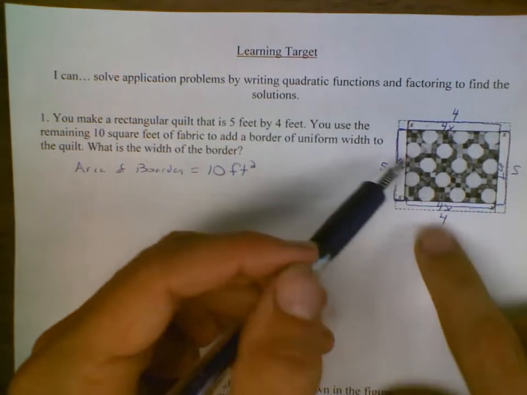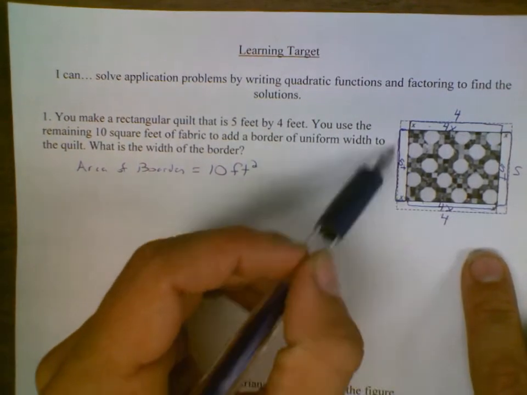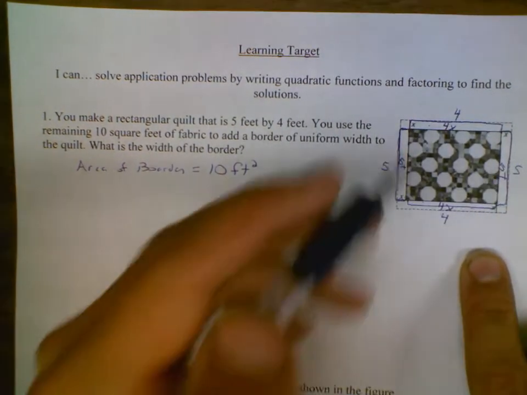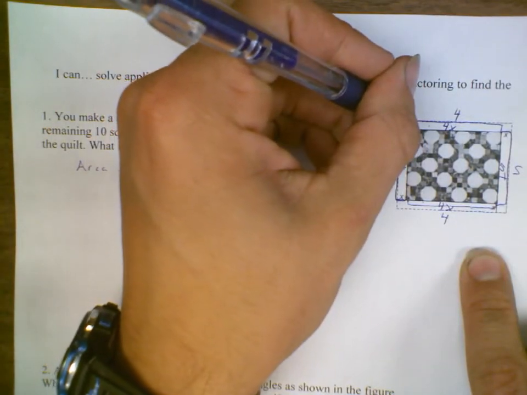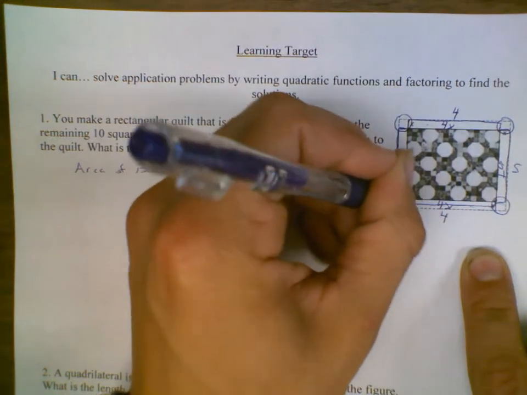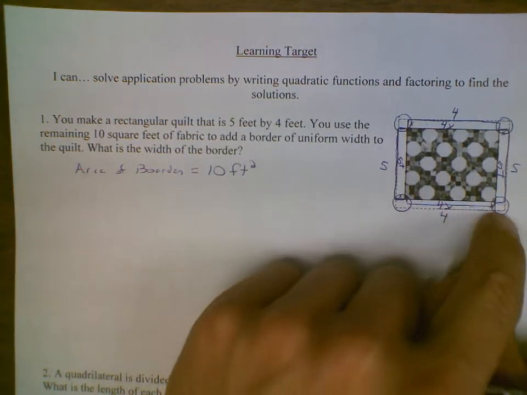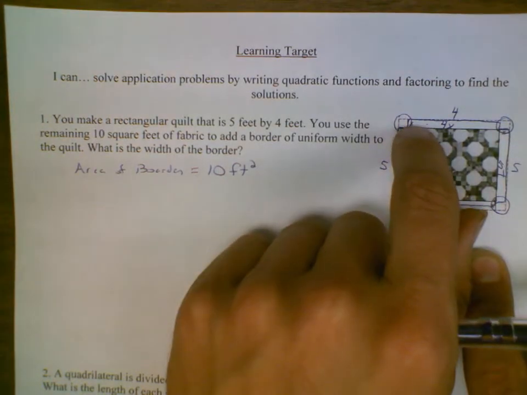So those 4 areas consist of these 4 rectangles. But hopefully you notice we're missing the 4 corners. So when I look at this diagram, I haven't figured out the area of these 4 corners, and I need to know what their areas are as well.